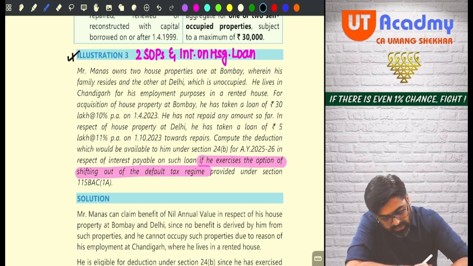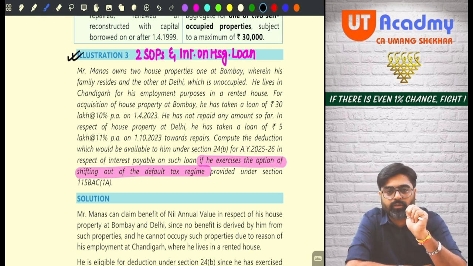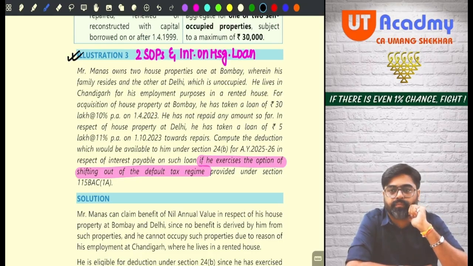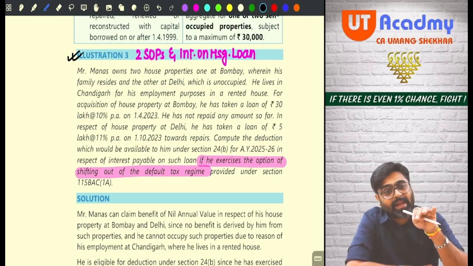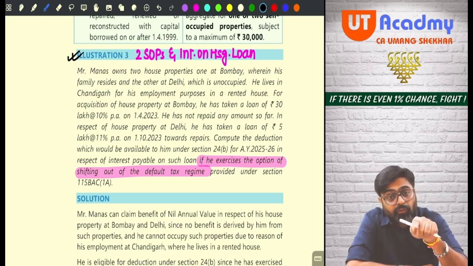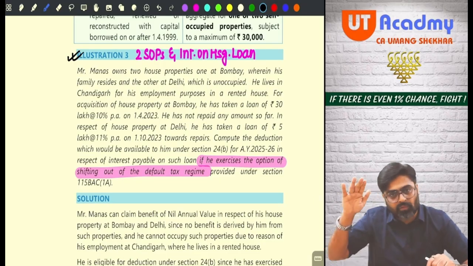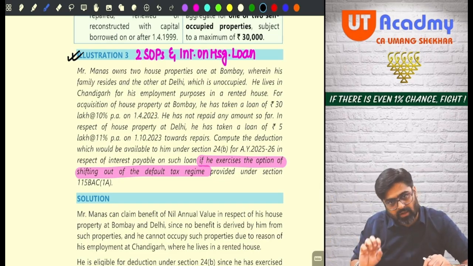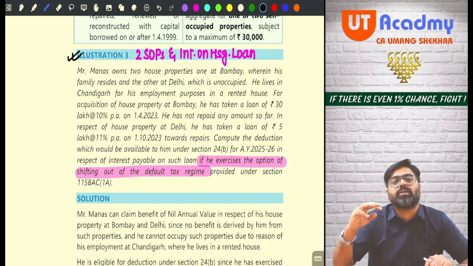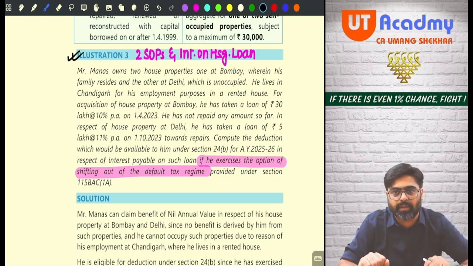Now, in this question, they are telling you two SOPs are there. Both the SOPs are having interest on housing loan. Will you get any deduction for interest on housing loan if you shift out of 115 BAC? Yes. Then from SOP, whatever interest is there, you will get the deduction for that. Maximum 30,000 or 2 lakh as the case may be.